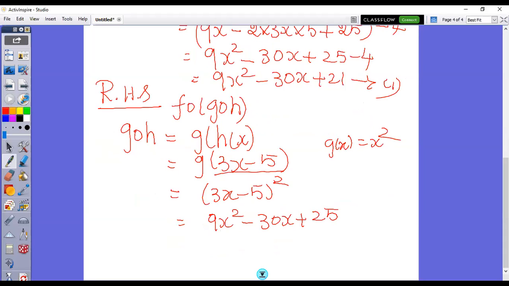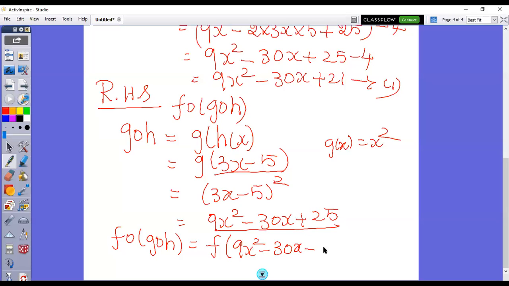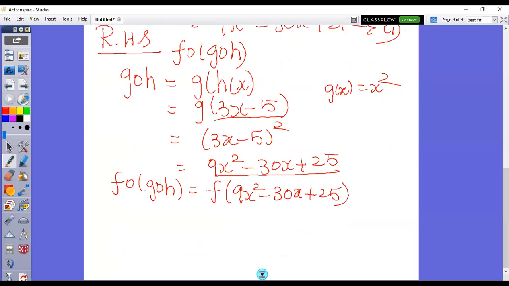Next, f composite of g composite of h equal to f of g composite h. g composite h equal to 9x square minus 30x plus 25. This is g composite h of x. This value is f of x. f of x equal to x minus 4.